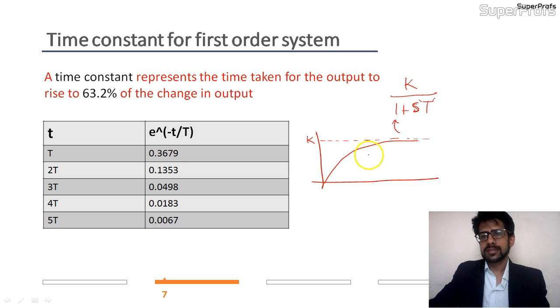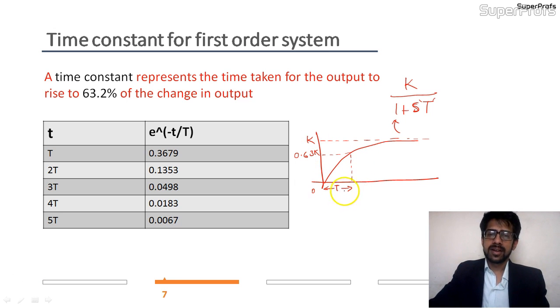Slowly this value reaches K. A time constant represents the time taken for the output to rise to 63.2% of the change in output from the initial level. So if this is 100% K, let us say this is 0.63 K.